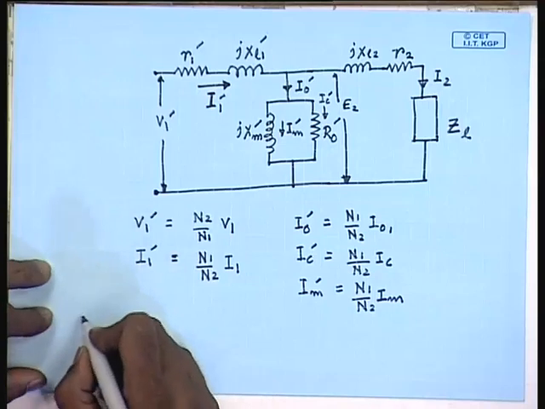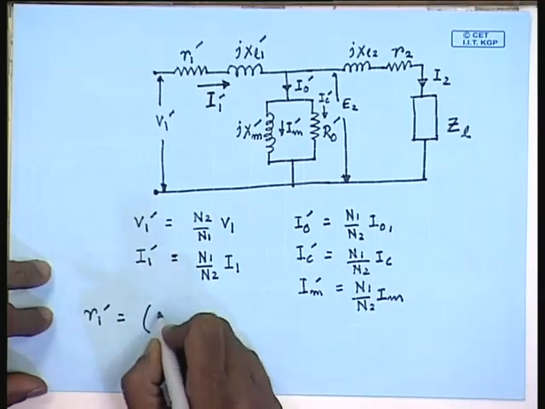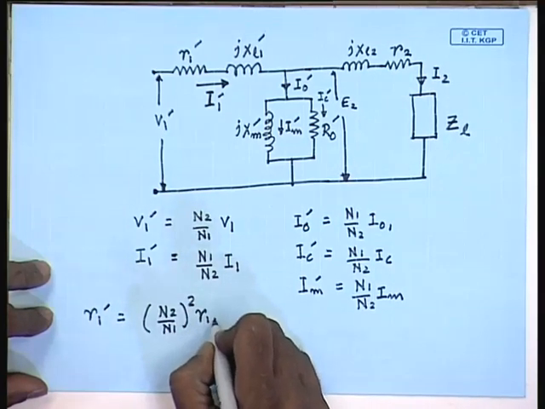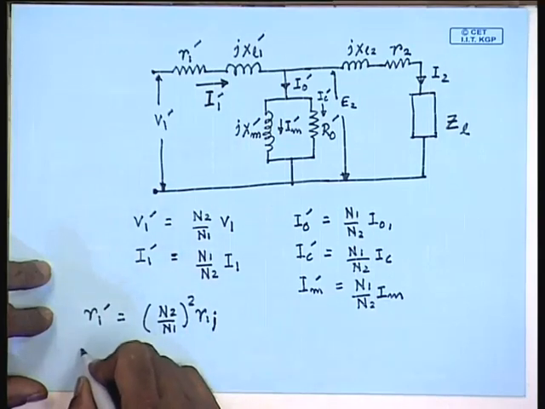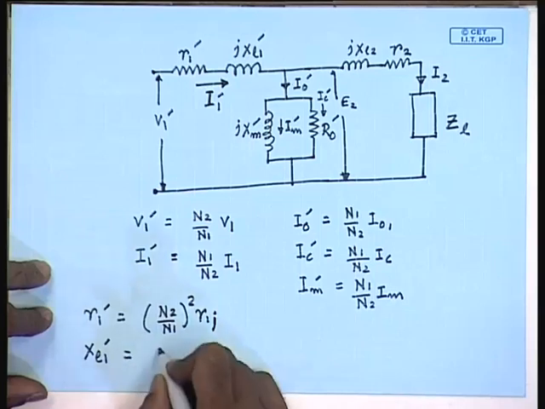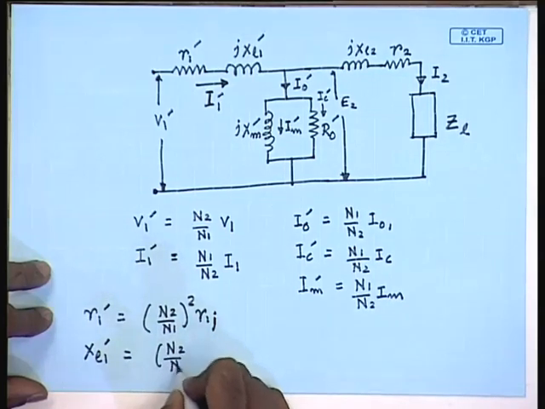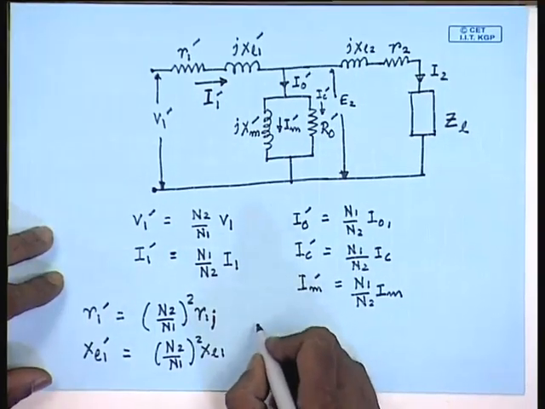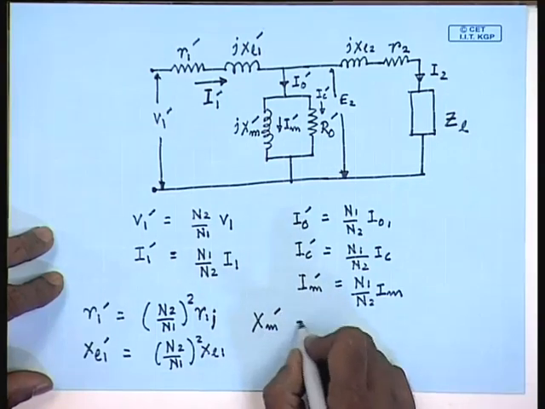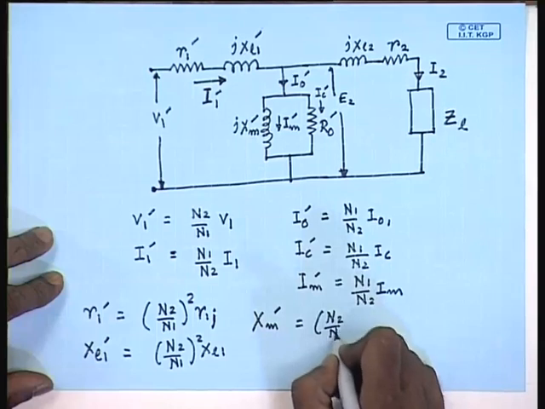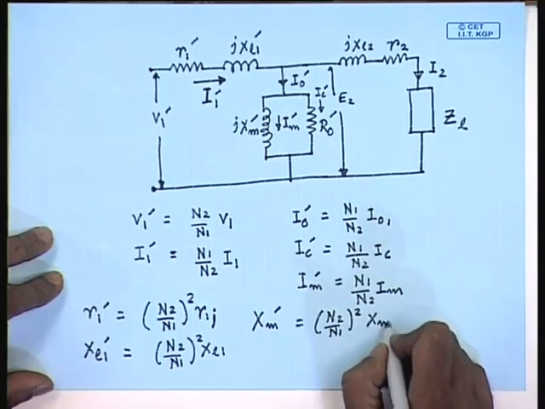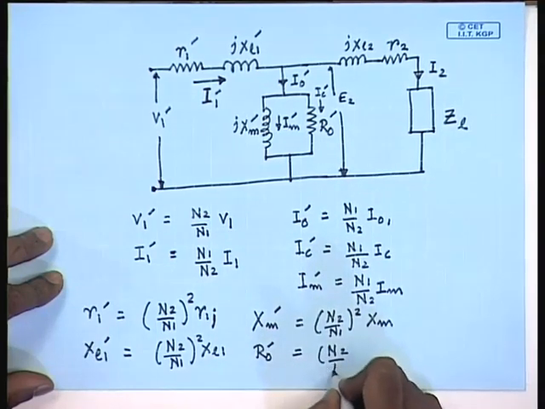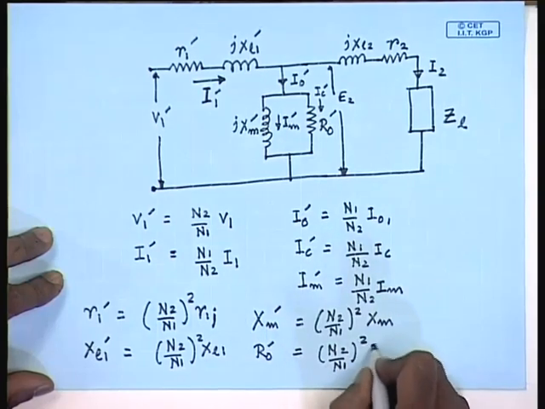The parameters are R1 dash equal to N2 by N1 square into R1, XL1 dash equal to N2 by N1 square into XL1, Xm dash equal to N2 by N1 square Xm, and R0 dashed equal to N2 by N1 square into R0.